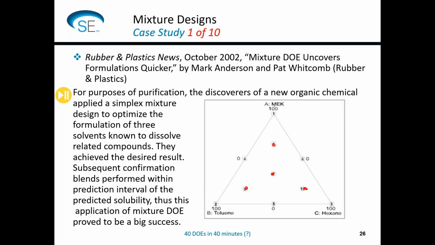And this was done with methyl ethyl ketone, toluene, and hexane, and different blends of these because they were trying to work out how to quickly dissolve a new compound that was related to ones that they already had. And so they had to recalibrate the blend of this, and they were able to do so very successfully, with this new organic chemical. So that's an example of mixture design, and it's unconstrained because they're going all the way to 100% for each of the three solvents.